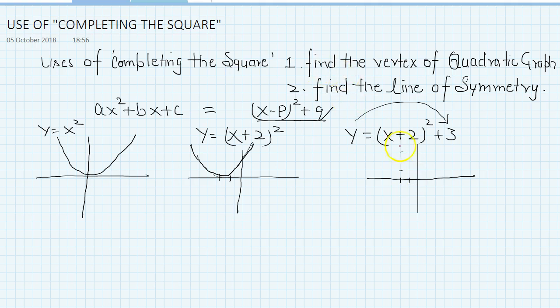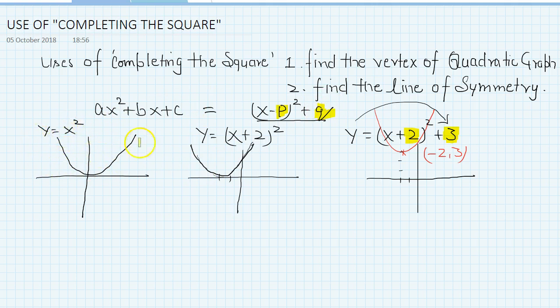So my graph will be, this is the graph and this coordinate is minus 2 and 3. So you can see that if I write a quadratic equation in this form, then this p and q are the coordinates of the vertex of this graph.